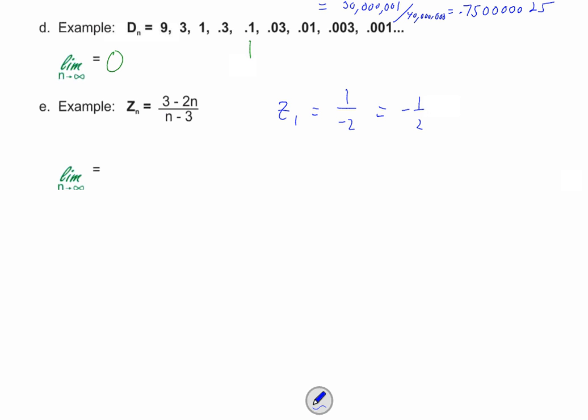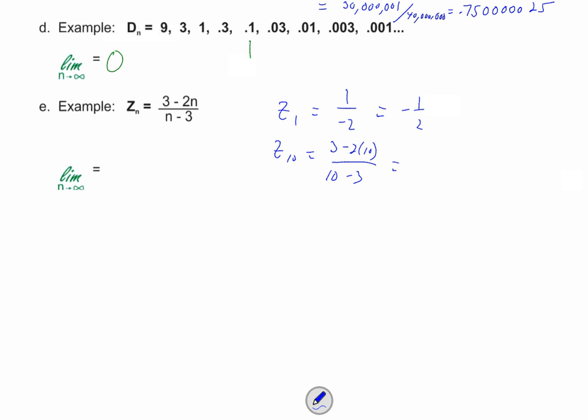Somebody tell me what value to use next. Somebody raise your hand. Everybody should be thinking. Josh, what do you want to use next? Yeah, don't piddle, don't do 2 and 3. We've got to figure out all the way to infinity. You'll be there forever. Let's go to 10. So again, this is 3 minus 2 times 10 over 10 minus 3.